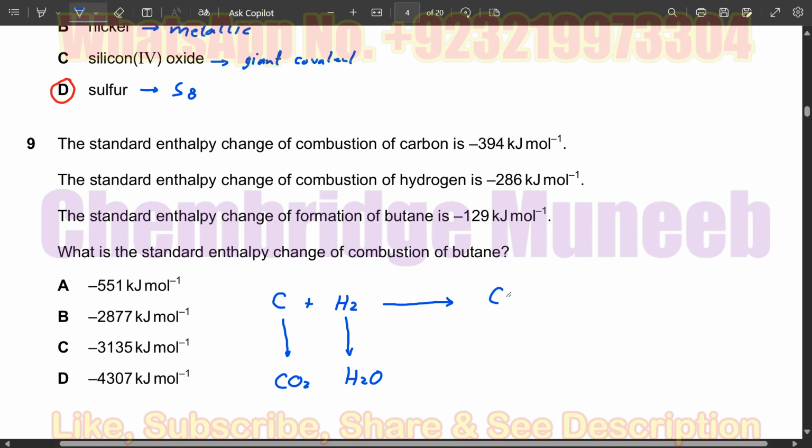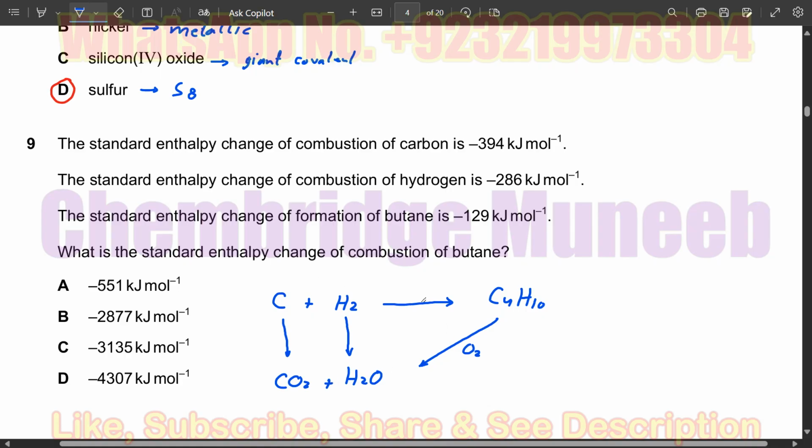The butane's formula is C4H10, and the combustion of butane is also given, but not the value. It will combust in the presence of oxygen to form carbon dioxide and water.